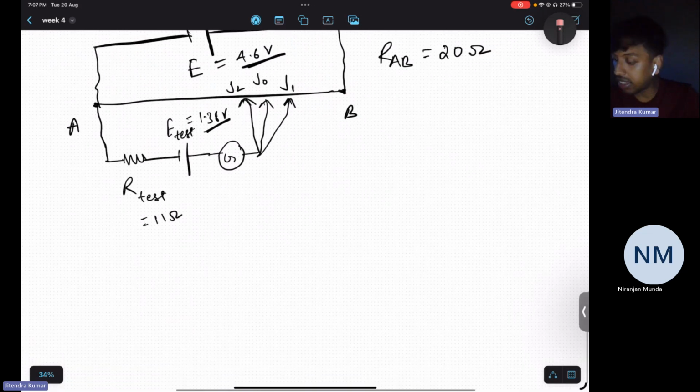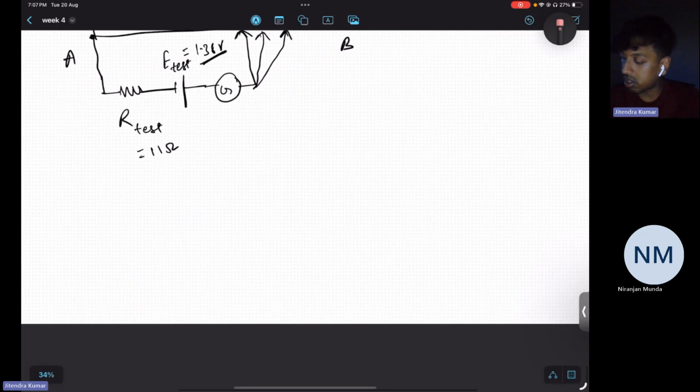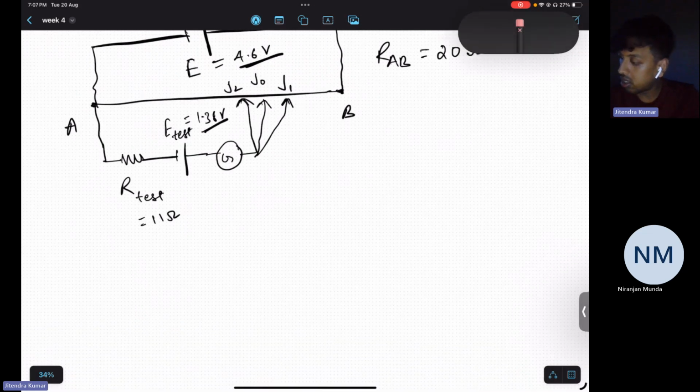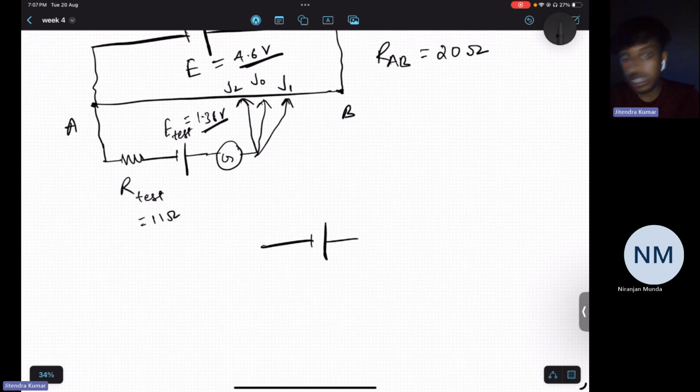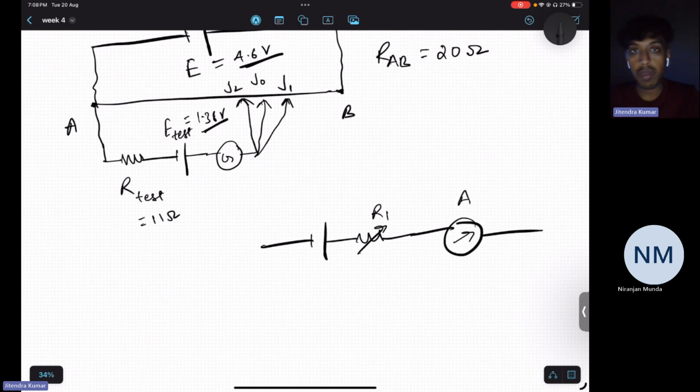I don't know whether you recall from the lecture or not, but this was the structure of the circuit. Let me draw. This was the E and this was R1, and one ammeter was connected, and I was going there.